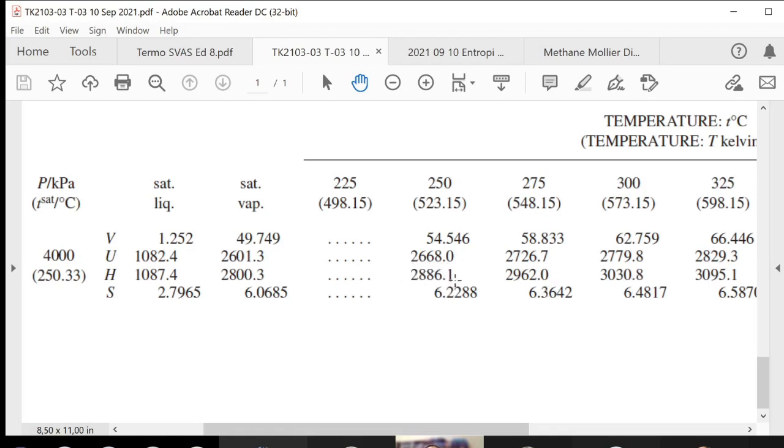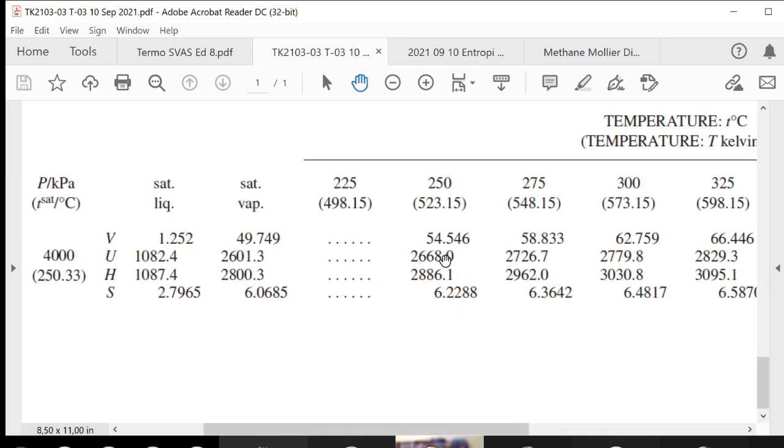It is outside the dome because it is more than 2800. How about these dots over here? Well, these dots are the area of the saturated vapor, so it is not filled. We just filled the superheated part, so the enthalpy is above 2800.